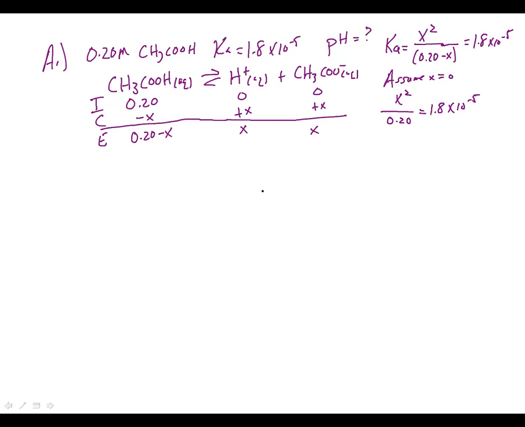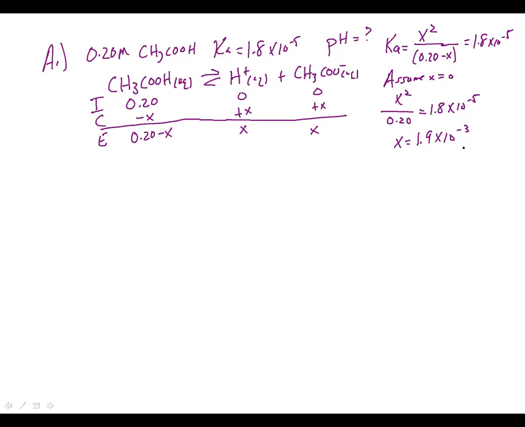And it looks like x is equal to 1.9 times 10 to the minus 3 in this case. We do want to check it, so we're going to divide it by 0.2 and times it by 100, and I believe we're at 0.9%. So this check is good. We can use that as our H plus concentration.